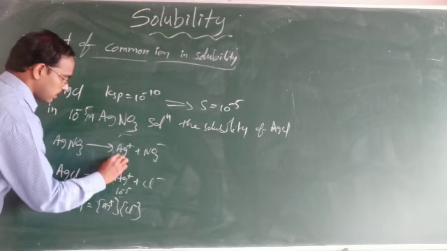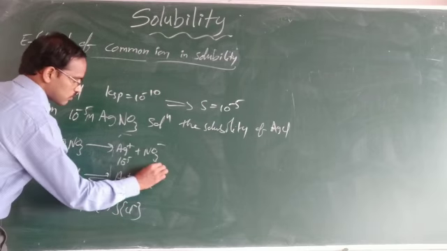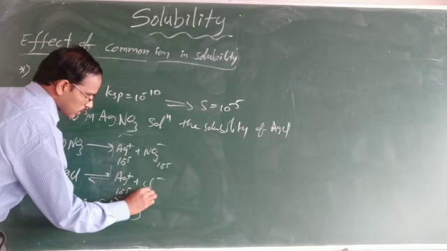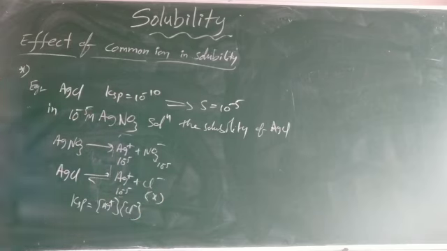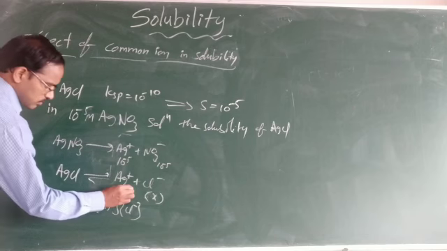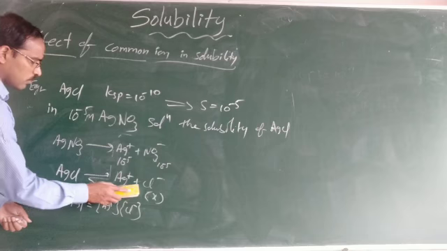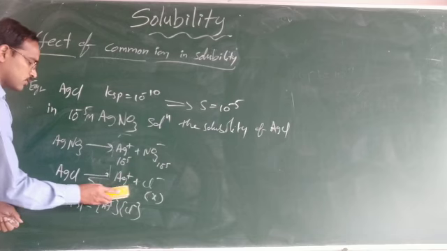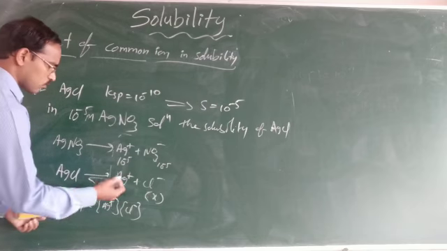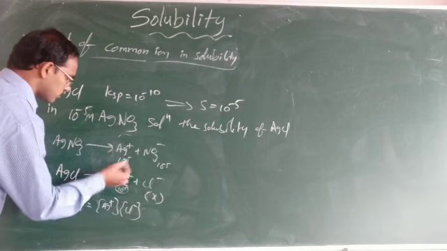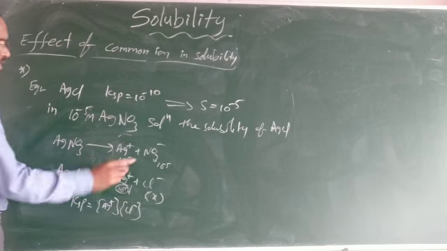Now I am adding 10 power minus 5 of this as well. Now I have to calculate this, x. It is not 10 power minus 5. Before adding, 10 power minus 5 was there, so it will be somewhat less than 10 power minus 5. How much less? We don't know. It was 10 power minus 5 before, and it will decrease due to the common ion effect.